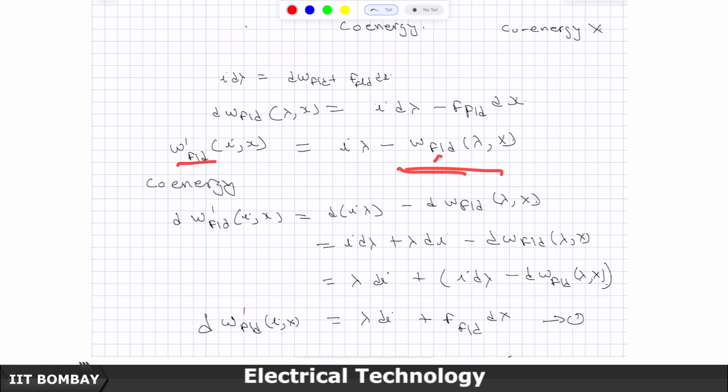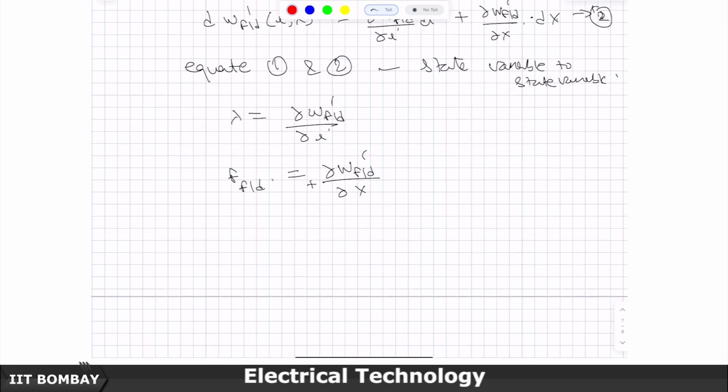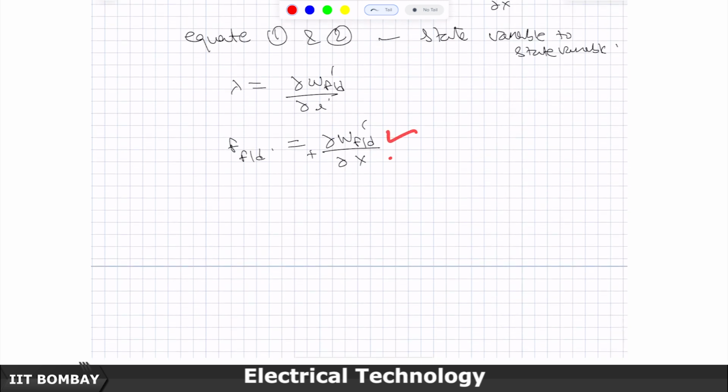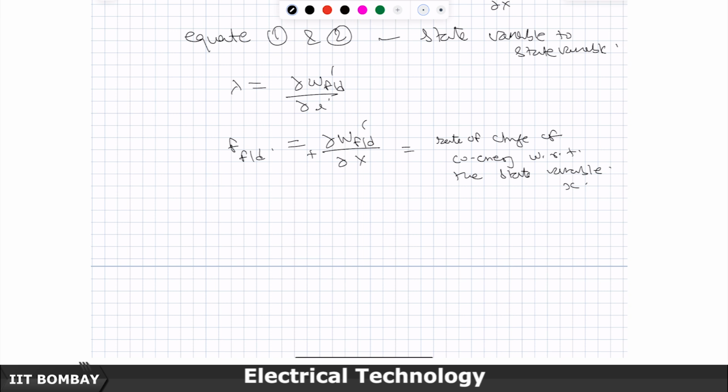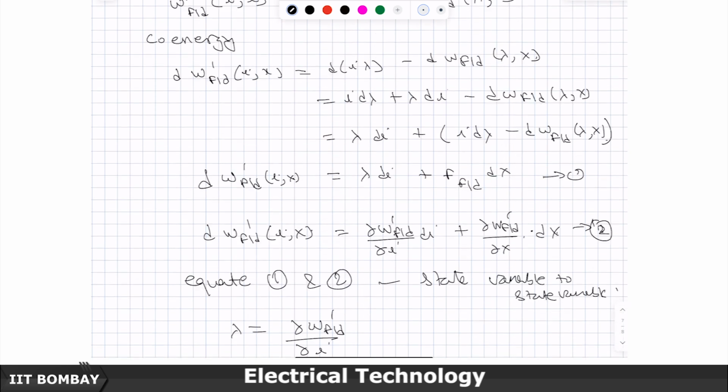When one increases the other decreases, given a certain product I lambda. So, this force is also the rate of change of co-energy instead of energy with respect to the state variable x.